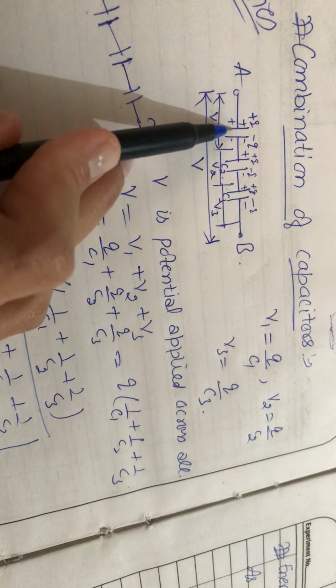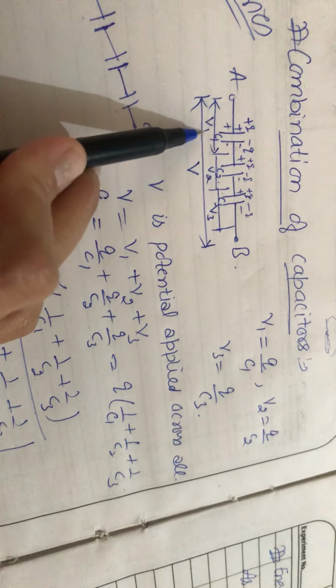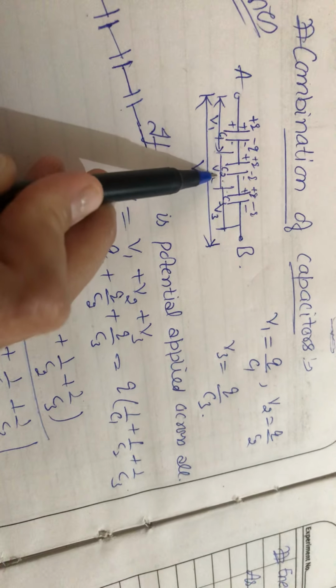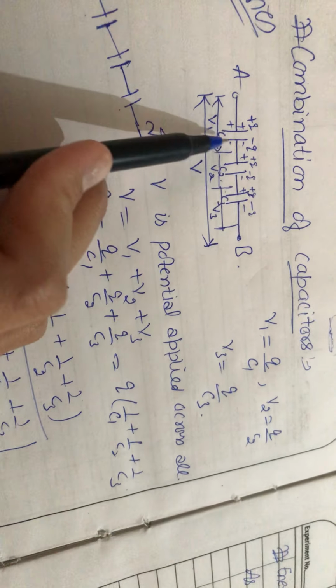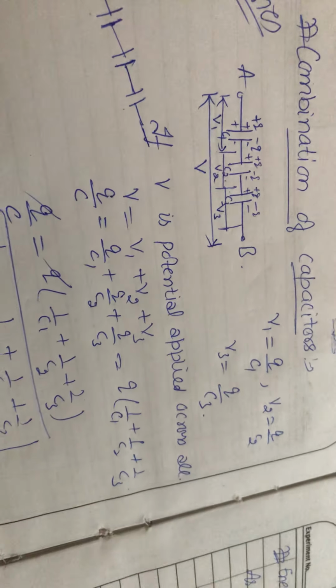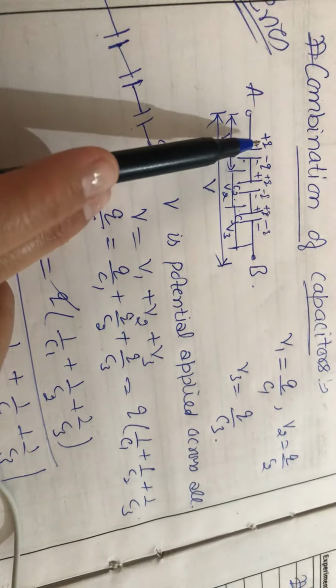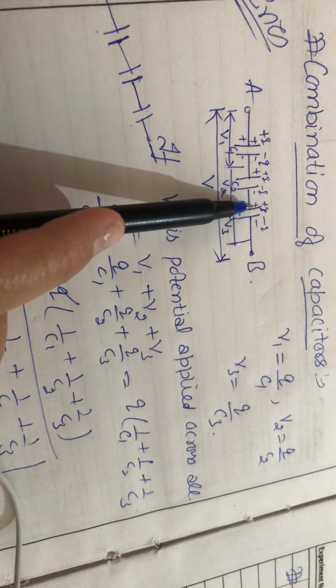Their both ends are joined to different points, so the potential across each capacitor is different, that is V1, V2, V3. And because we are taking series combination, the charge on each capacitor will be the same.